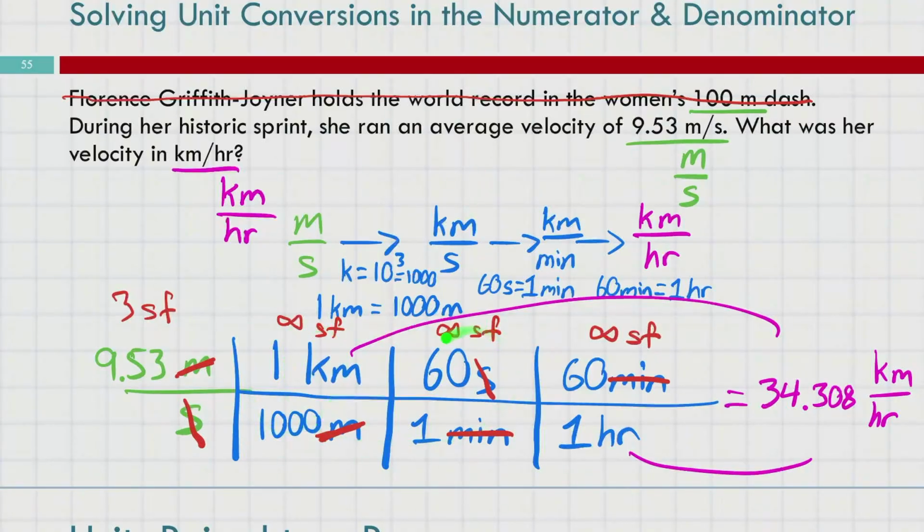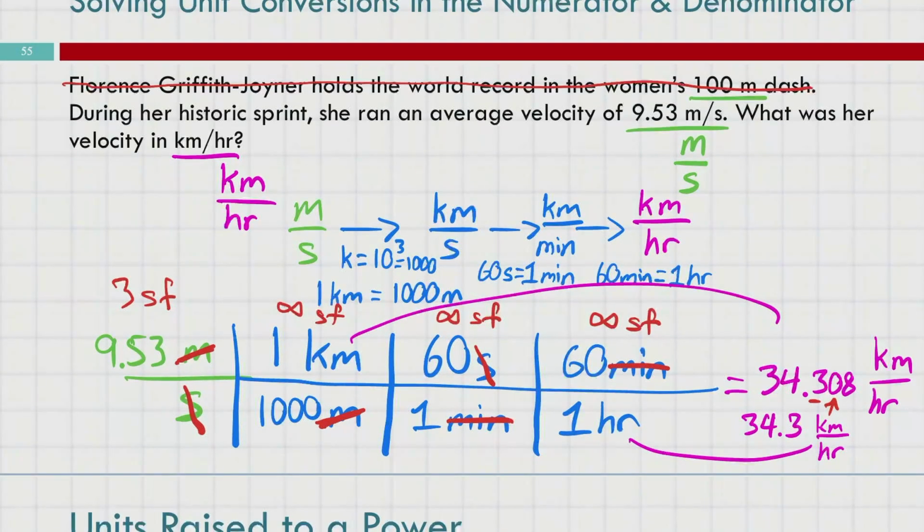All of our conversion factors in this case are exact, so we treat them like infinite sig figs. So we're going to have 3 significant figures for our final answer. So the second 3, and this will round down to 34.3 kilometers per hour.